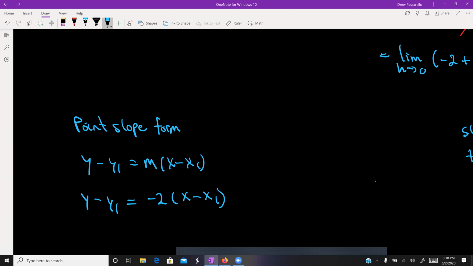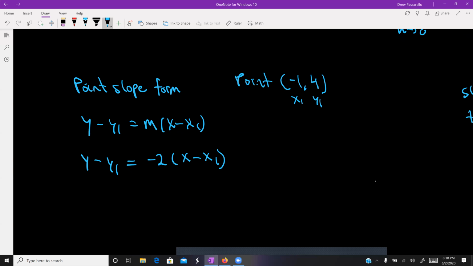Then I just plug in the point that's given in the question for the coordinates x1, y1. Again, the point we're given is -1, 4. So that'll be y minus 4 equals -2 times, and then x minus -1 turns into x plus 1. All right, and that is the equation of the tangent line.